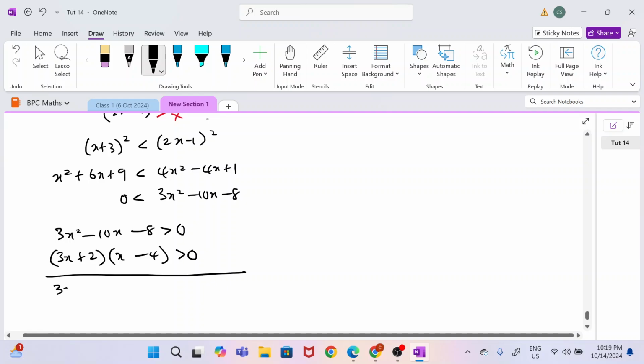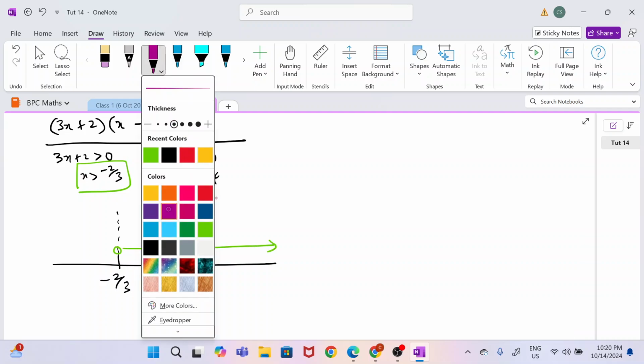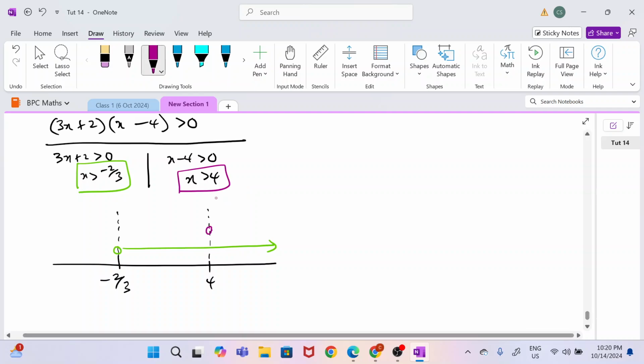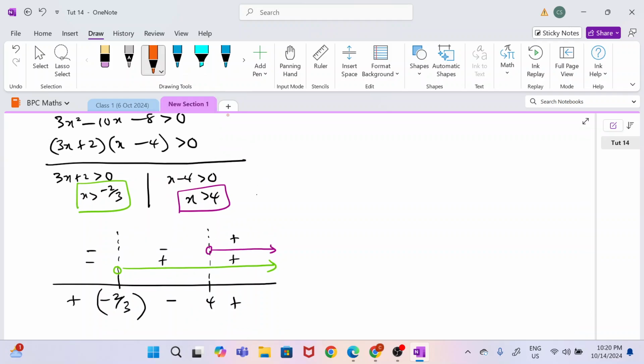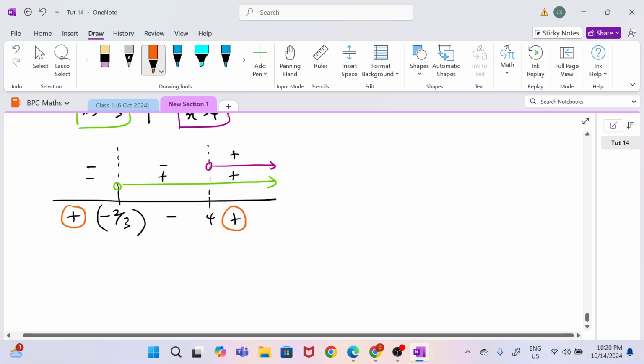Now it's in factor form. What we need? Positive. The answer is x.